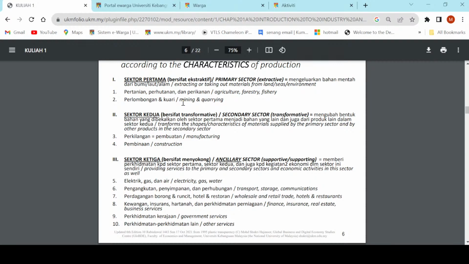And then after that, the product has been changed to another component, another material. So that process is transformative.